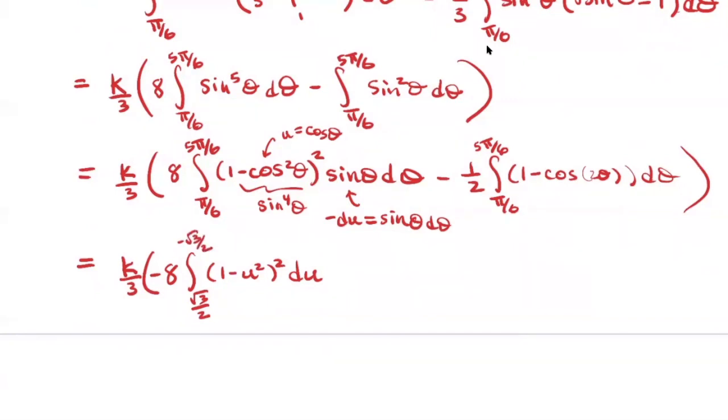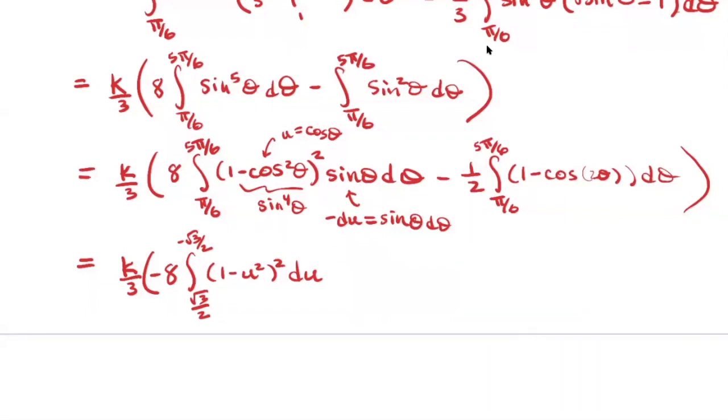Rule of thumb: if your differential ever goes negative, then your lower and upper limits are going to be switched. So my du is negative on this one, and my limits are backwards. Anytime a differential is negative, that means you're integrating in the wrong direction. That's okay. That's the least of my worries right now.